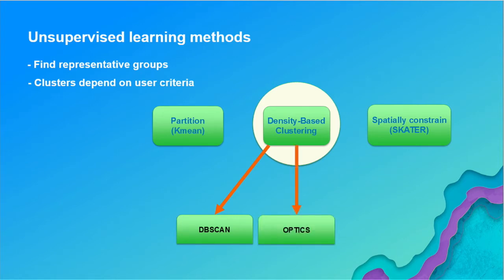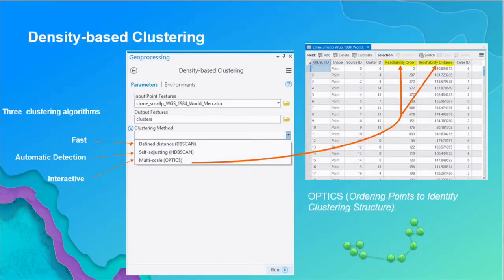The other one is OPTICS. We are going to focus on OPTICS because it's a very good algorithm that lets you get more interactivity with the user. This is the tool.